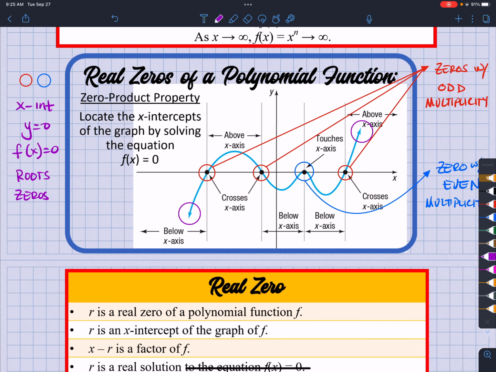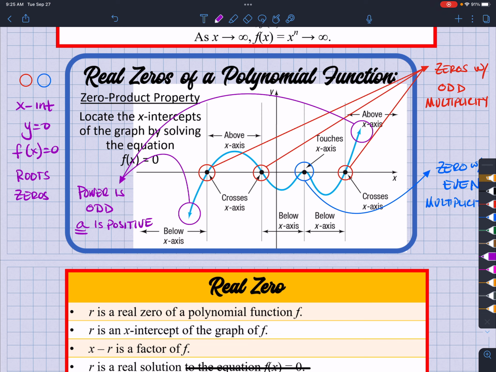When that is the case, then we know that the power is odd and the a is positive. Okay, the a, the coefficient, okay?